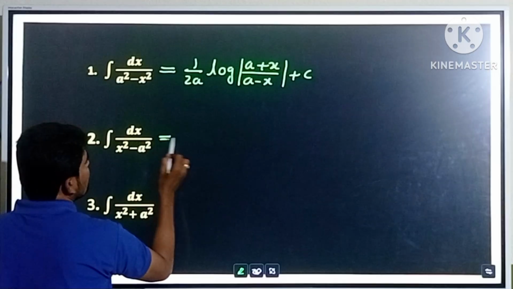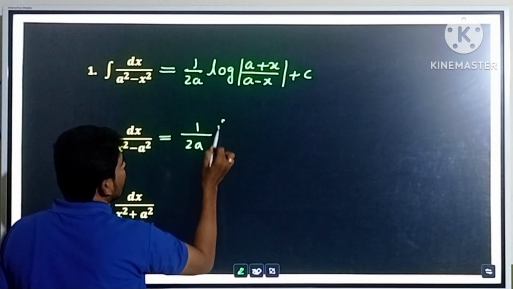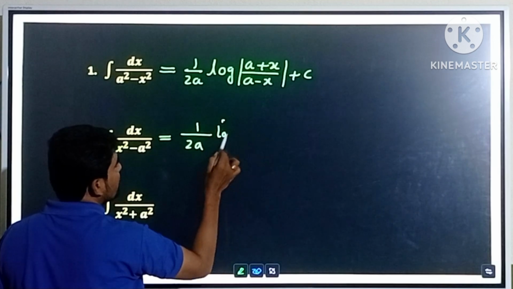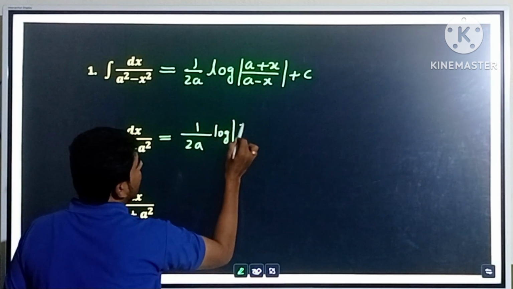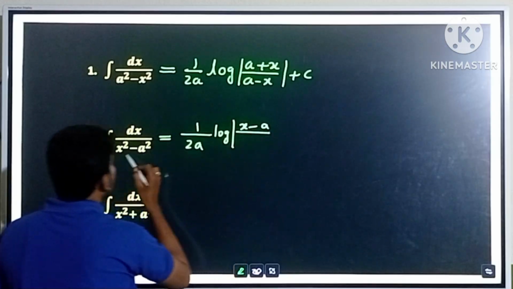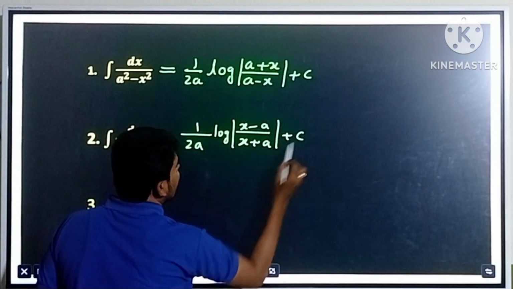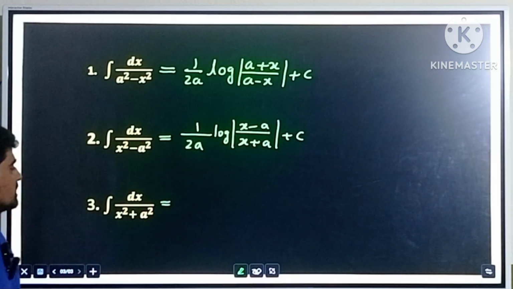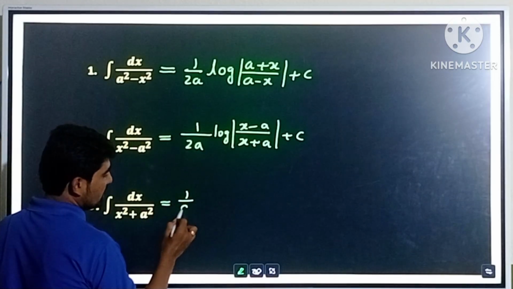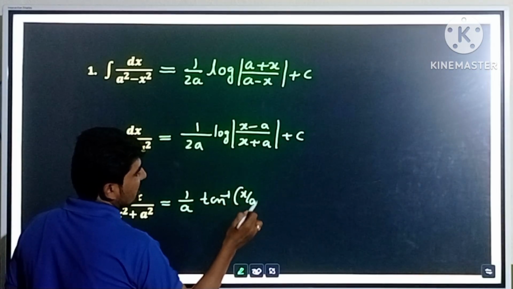And the second one is 1 divided by 2a log of modulus of x minus a divided by x plus a plus c. And the third one is integration of dx divided by x square plus a square is 1 divided by a tan inverse of x by a plus c.